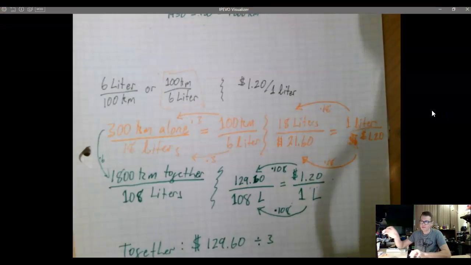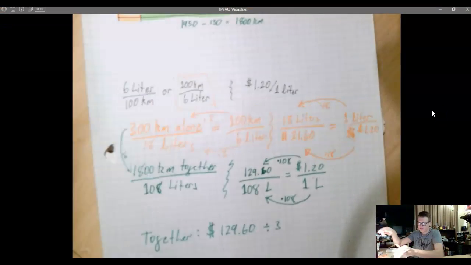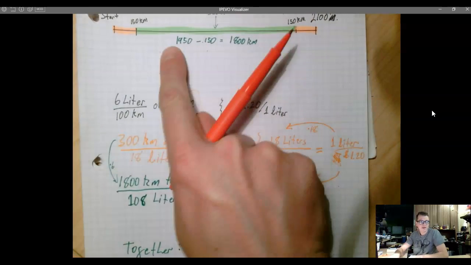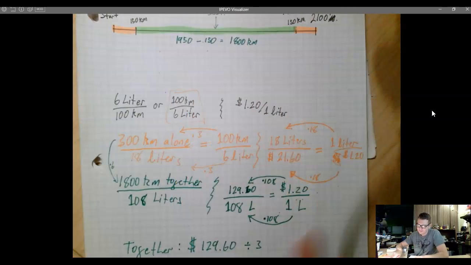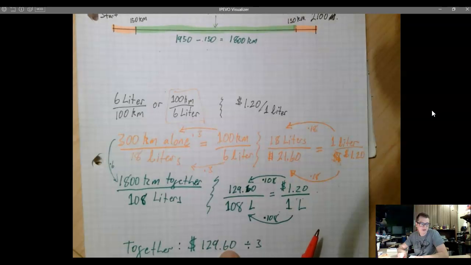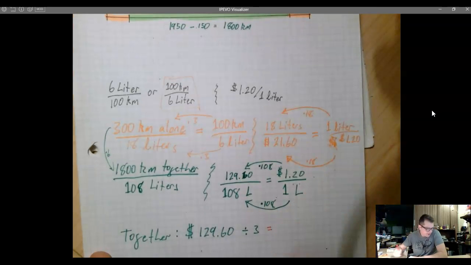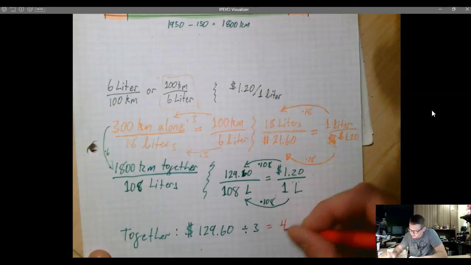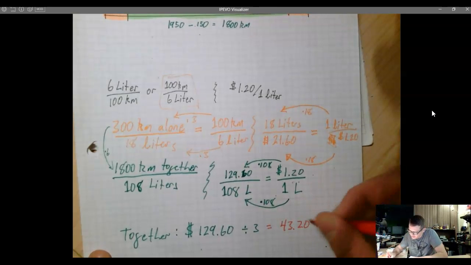I'm actually going to go ahead and full screen this so you guys can see my notes a little bit easier. During that section of the road trip, that middle portion, that 1,800 kilometers, they spent $129.60. That divided by 3 is $43.20.